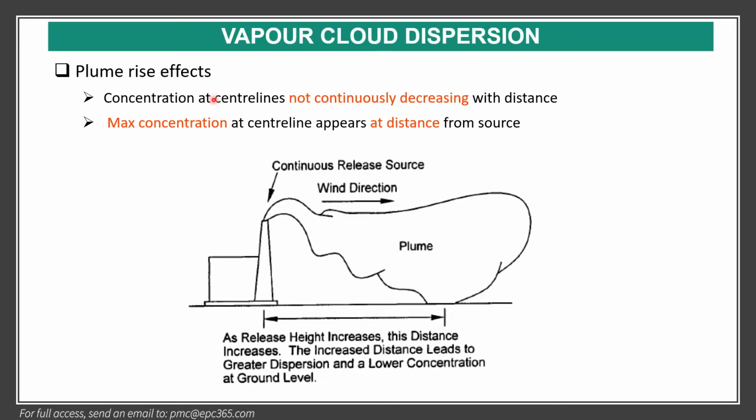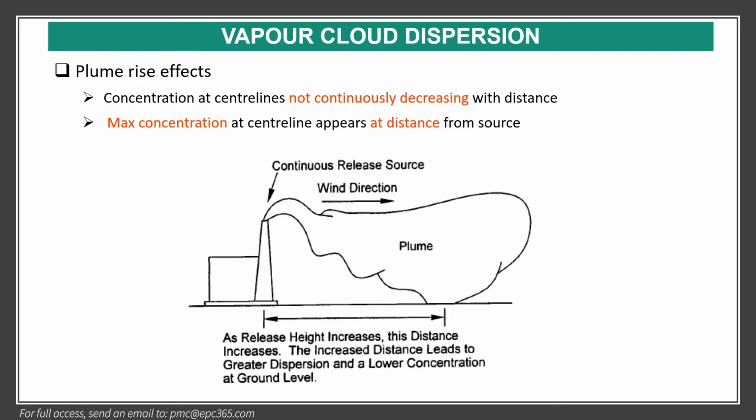This is the plume rise effect: concentration at the center line is not continuously decreasing with wind speed, and there is a maximum concentration at the center line. This is the continuous release and wind speed.